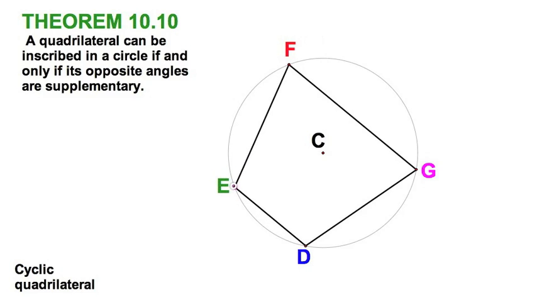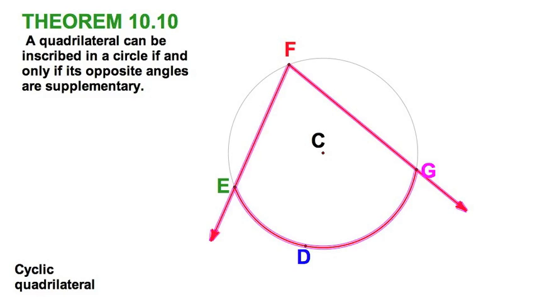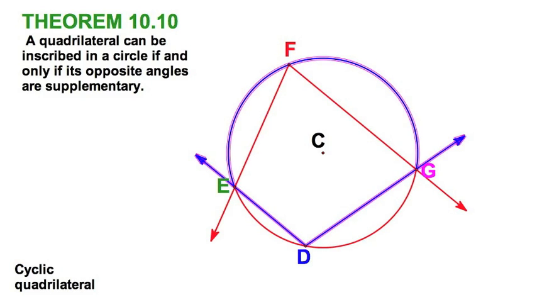And it's easy to see if we just eliminate the segments. Let's just look at the four vertices on the circle, and let's start by drawing rays. From the vertex F, the red vertex, we'll draw a red angle which intercepts the red arc, and opposite that would be the blue angle which intercepts the blue arc.